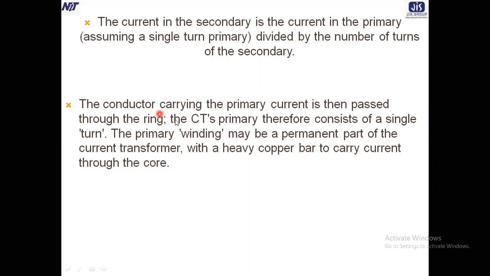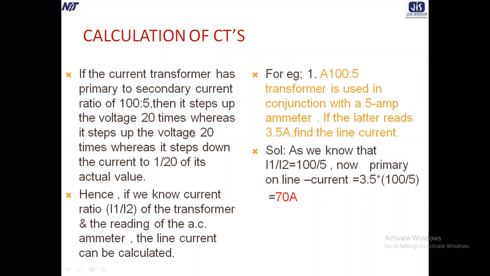And then finally the conductor carrying the primary current is passed through the ring. The series primary therefore consists of a single turn. The primary winding may be a permanent part of the current transformer with a heavy copper bar to carry current through the core. So these are the calculations of CTs.